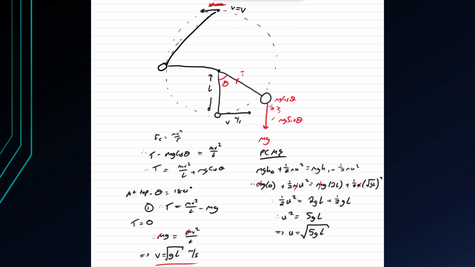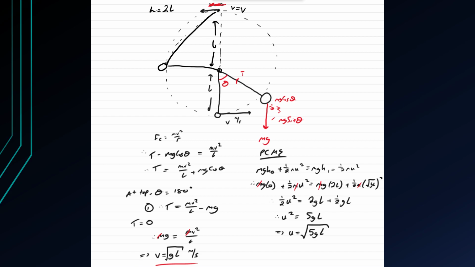Now with the conservation of mechanical energy, we get mg by 0 because it starts at the bottom, so half mu squared, which we're trying to find, equals mg by 2L, because the center is L away from the bottom, and so the center from the top is also L away, which means that this height is twice L, plus a half m v squared, where v is root gL.